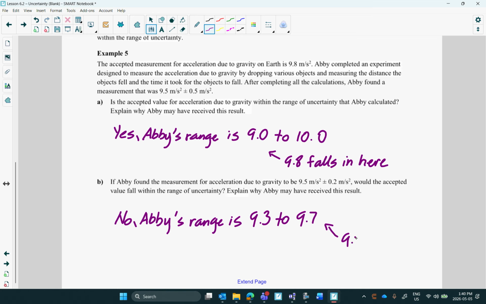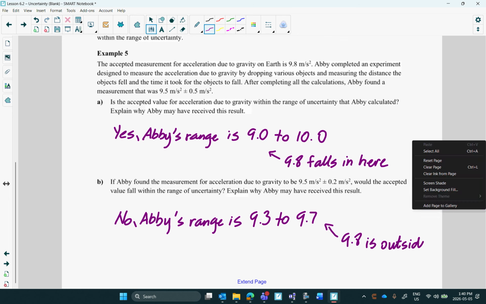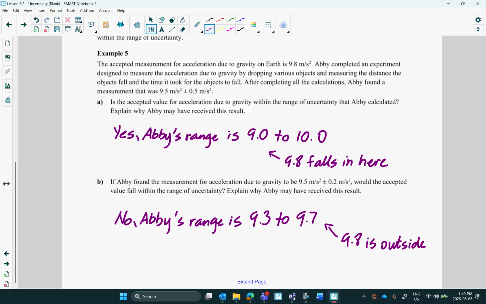And 9.8 is outside. So the first one, she was within, second one, she was not. Okay.